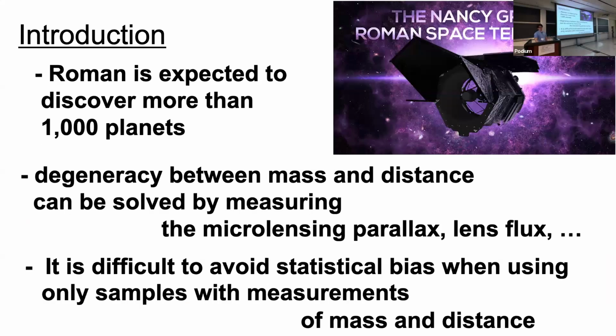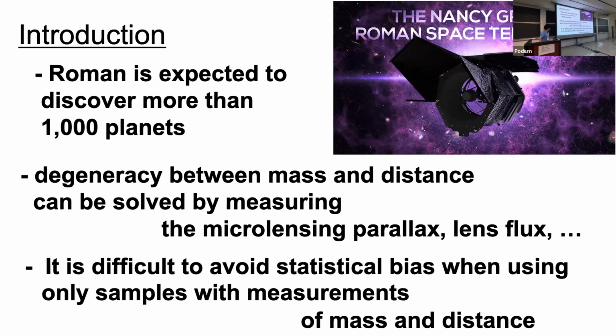Roman is expected to discover more than 1,000 planets, and Roman can solve such degeneracy between the mass and the distance by measuring the lens flux.